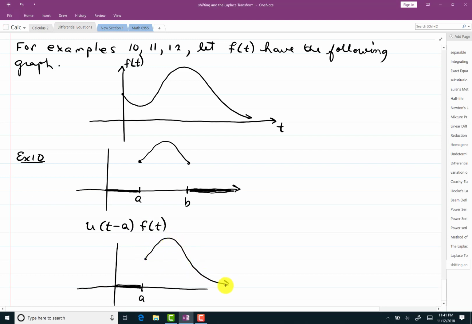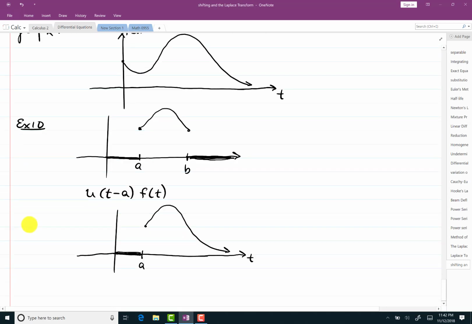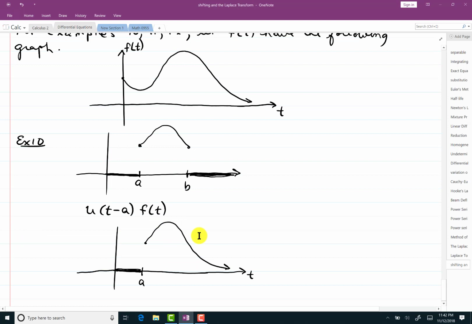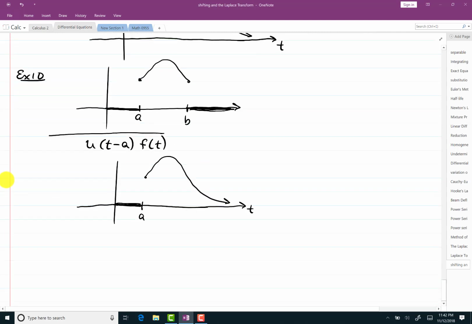However, it has no end. It will allow the function to go on forever. I don't want it to go on forever. I want it to stop when I get to B. So let me put this so we can separate these.